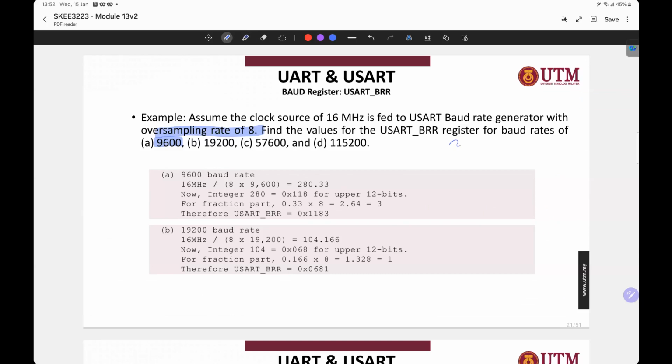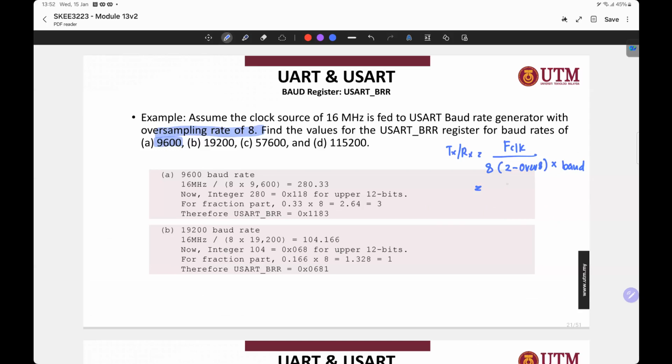Just now the formula says that TXRX equal to F clock divided by 8 times 2 minus over 8 and times with baud.